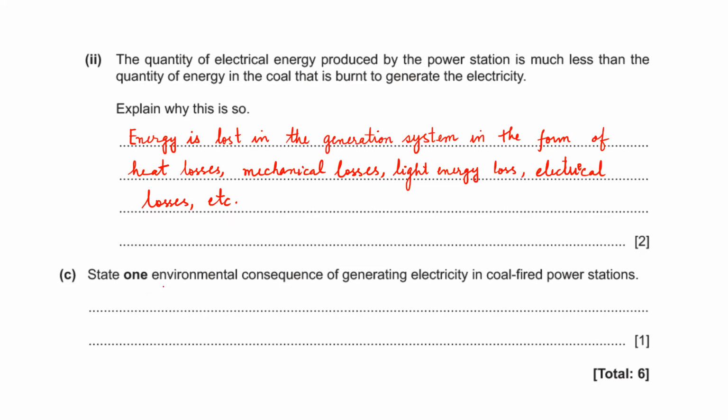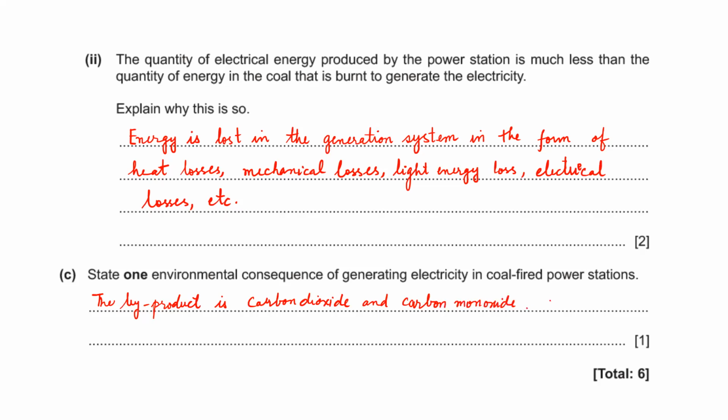Then part C says: state one environmental consequence of generating electricity in a coal power plant. So remember, the byproduct is carbon dioxide, and in some cases carbon monoxide, where you do not have complete combustion.